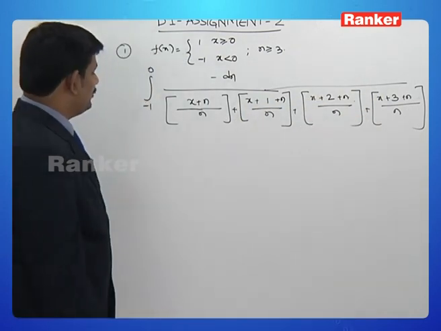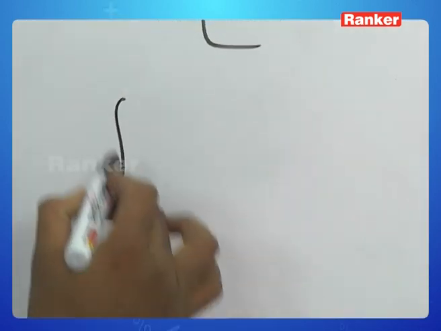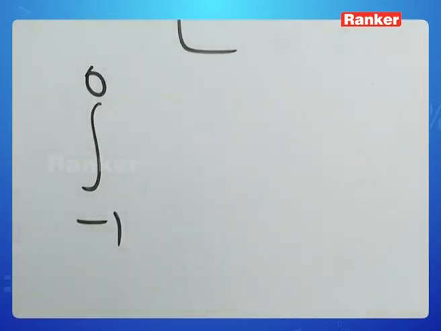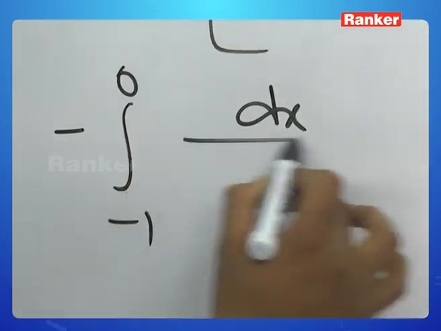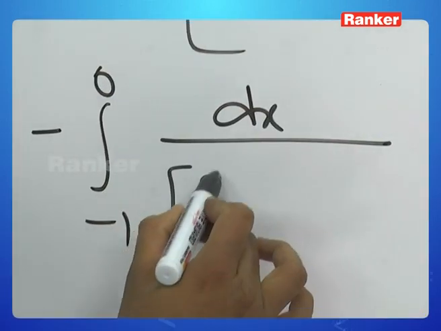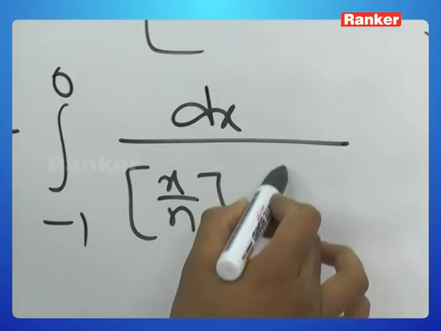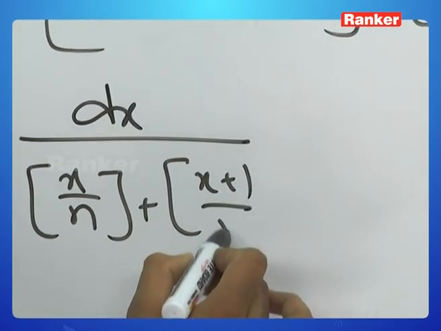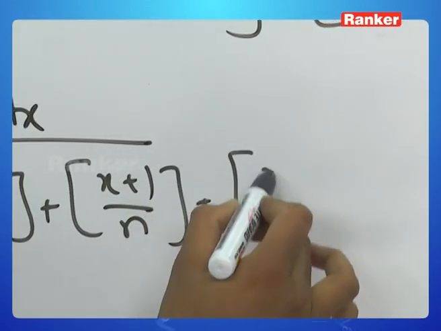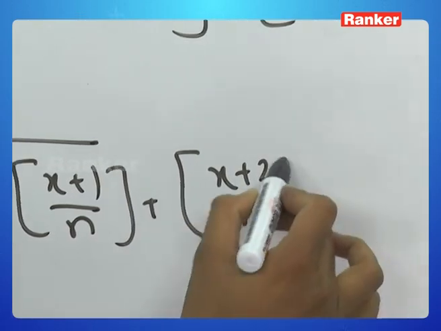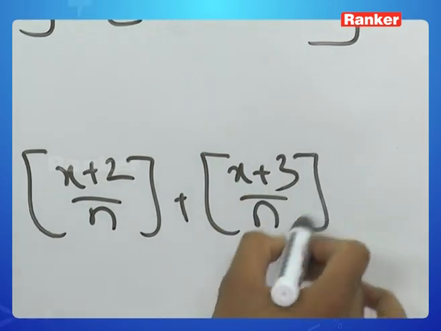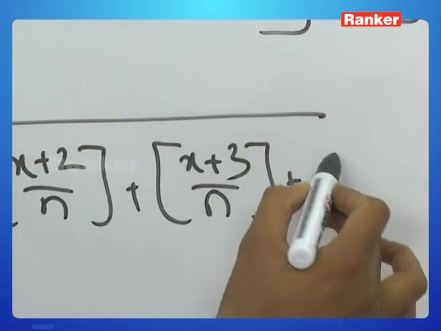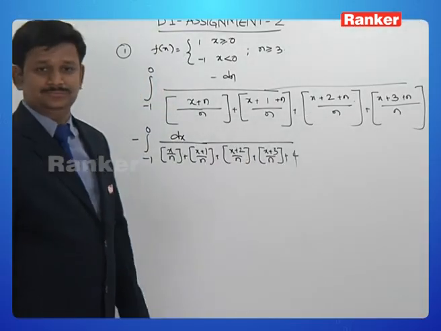Now, n by n is 1, 1, 1, 1. All n by n's we can bring out of the integral part, and this integral becomes integral minus 1 to 0 minus dx by integral part of x by n plus integral part of x plus 1 by n plus integral part of x plus 2 by n plus integral part of x plus 3 by n plus all the 4 ones contribute to become 4.